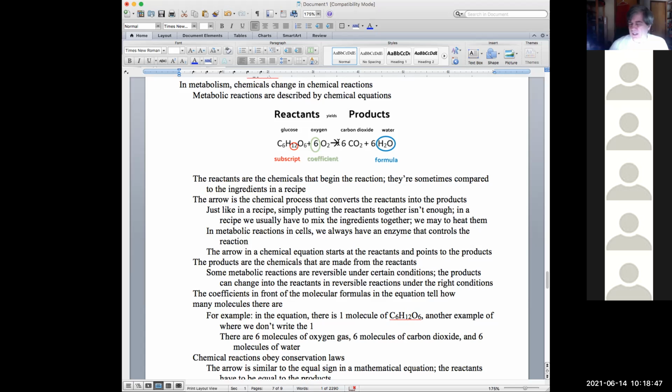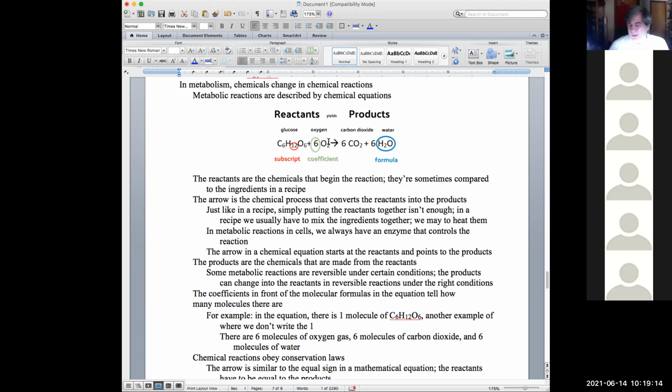Instead of being drawn as an equal sign, it's drawn as an arrow. In a math equation, everything on one side of the equal sign has to equal everything on the other side. In a chemical reaction, everything in front of the arrow, where the arrow starts out, has to be equal to everything behind the arrow, where the arrow is pointing to.